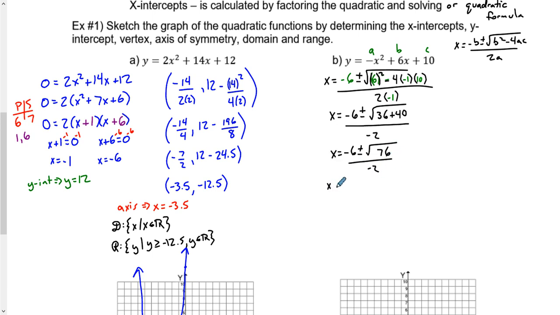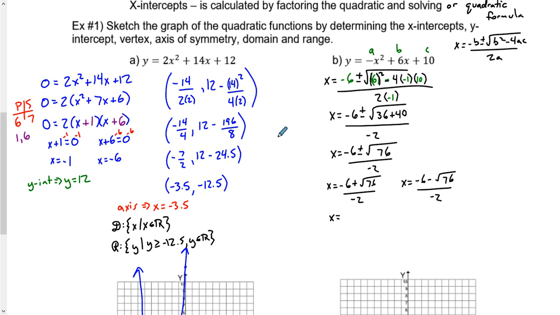So our two answers will be x equals -6 add the square root of 76, divided by -2, and x equals -6 subtract the square root of 76 over -2.